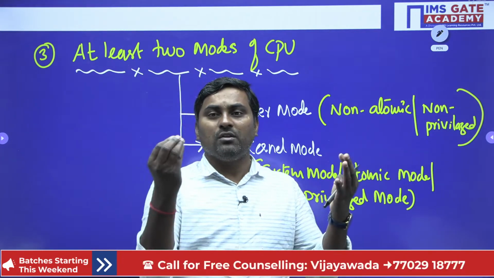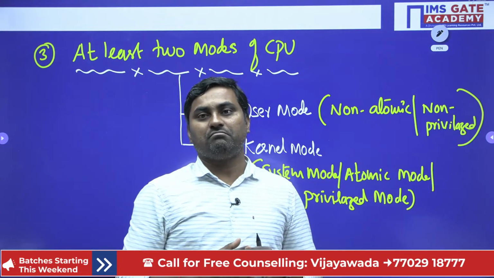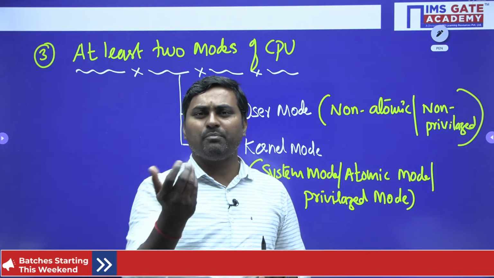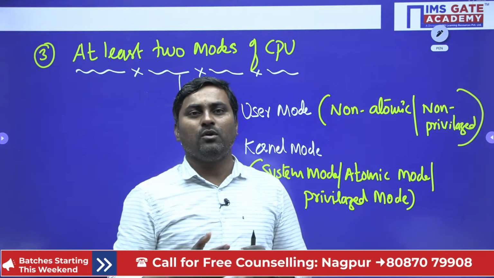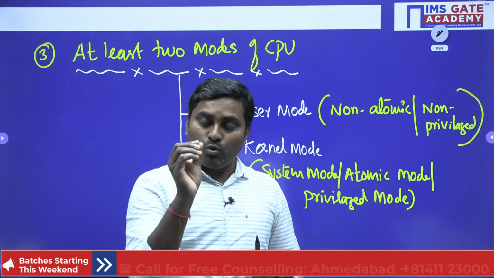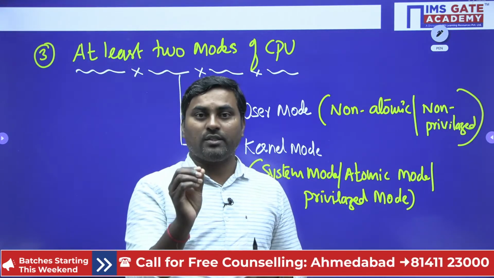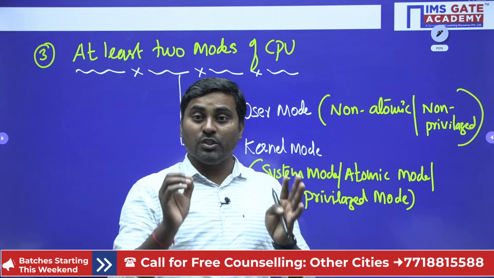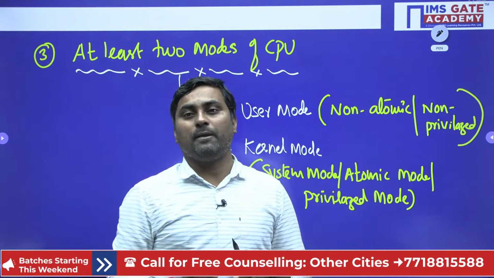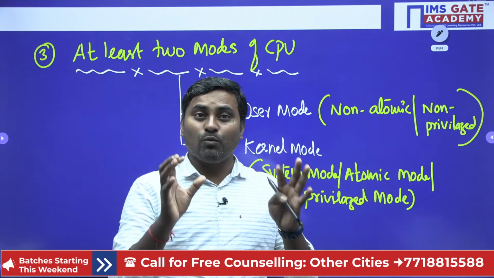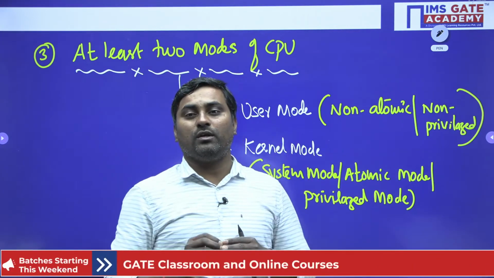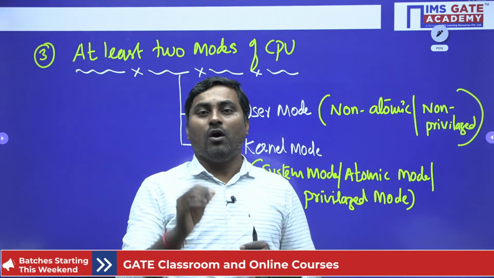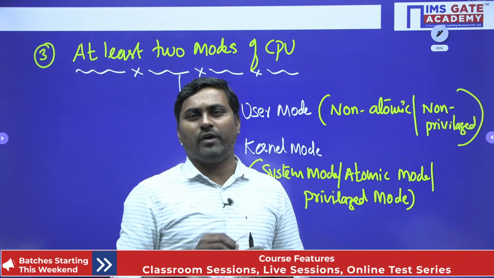Crash is nothing but the end of the system, meaning the OS is going to be corrupted. To protect the operating system code from erroneous users, it should run in protected mode only. Operating system code should run in protected mode only. Again I said, operating system is a service provider, right?